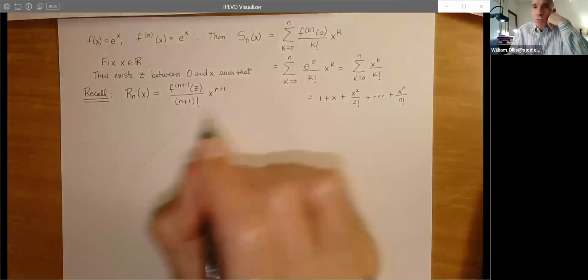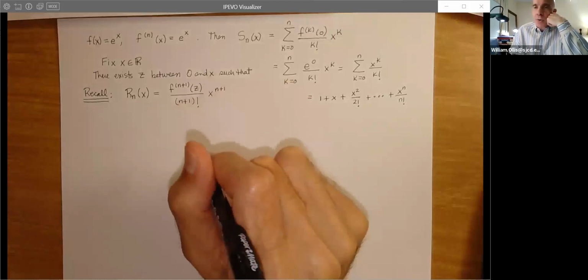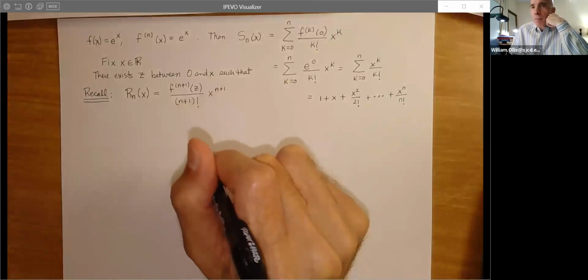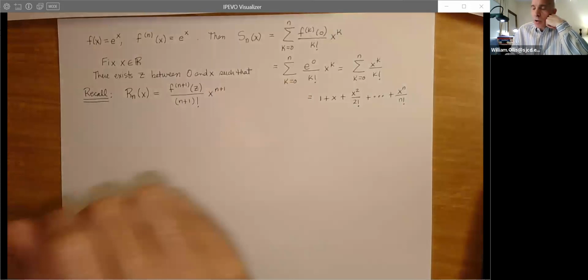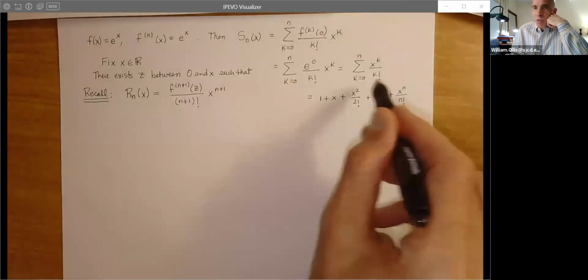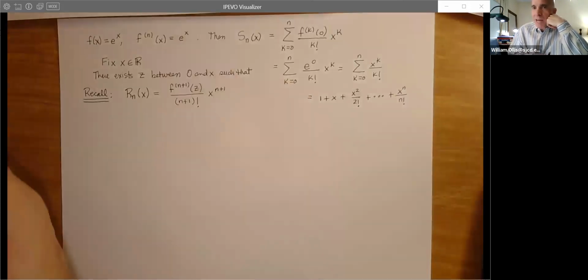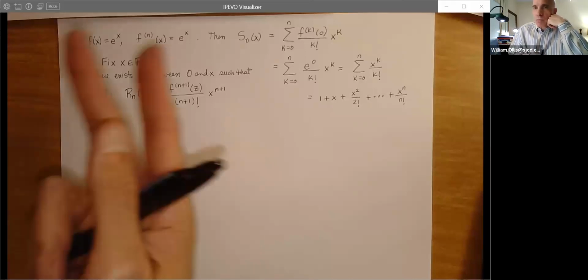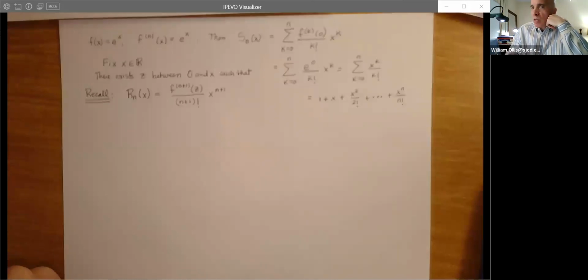Now, when you think about this, we can just go over here and compute the radius of convergence just like we did back in section 8. It's going to be infinity, so an infinite radius of convergence, all reals.